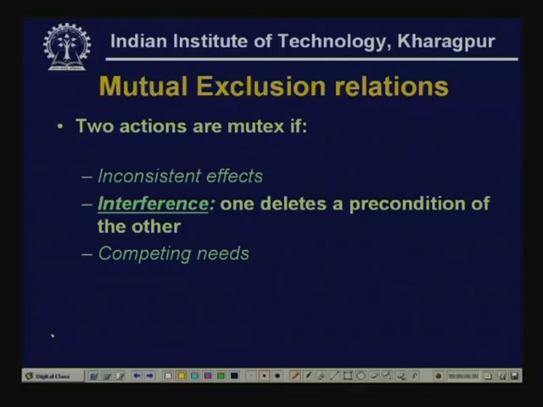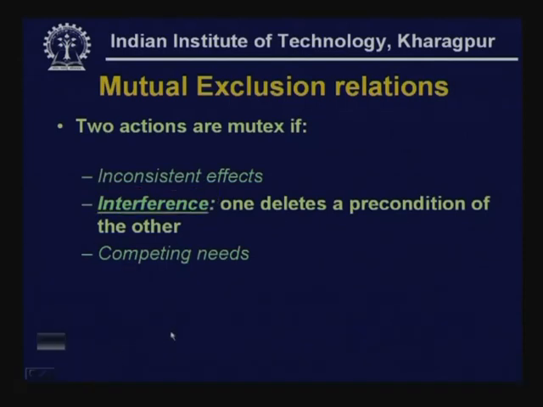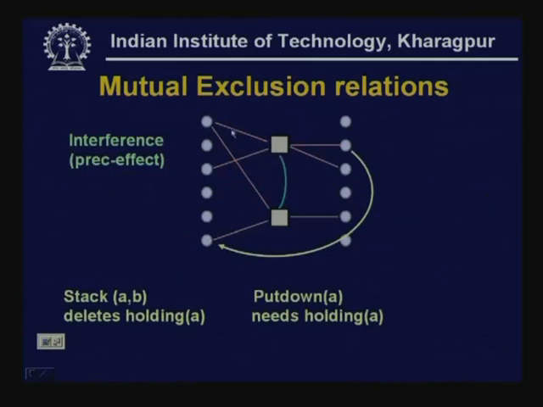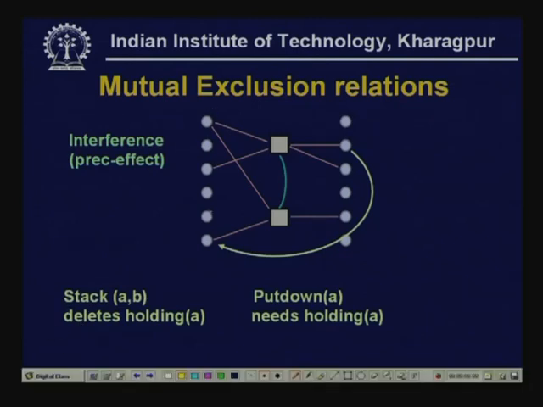Secondly, we will say that two actions are mutex under the interference condition. That is, one of the actions deletes a precondition of the other action. So, this illustrates interference. We have these propositions at level Pi, and this is Pi plus 1.